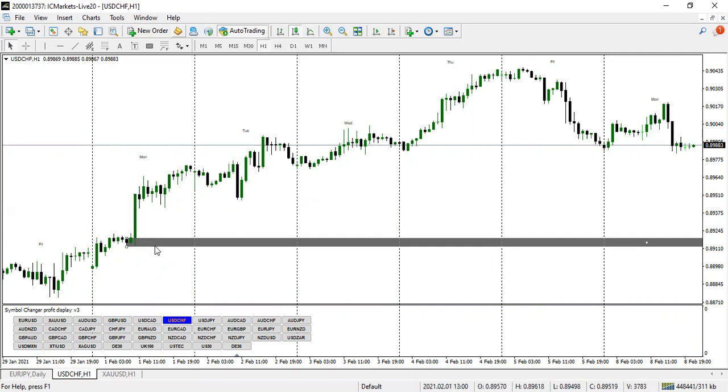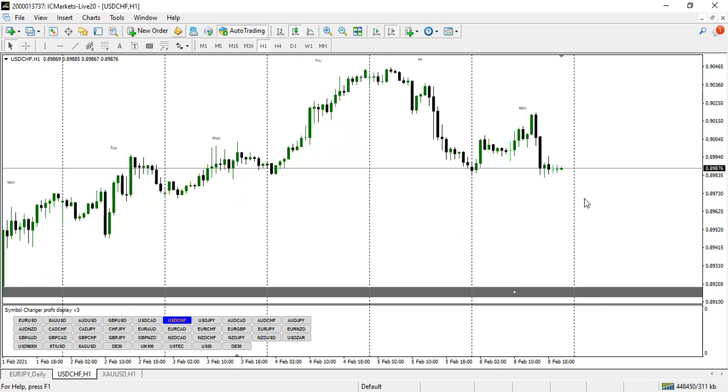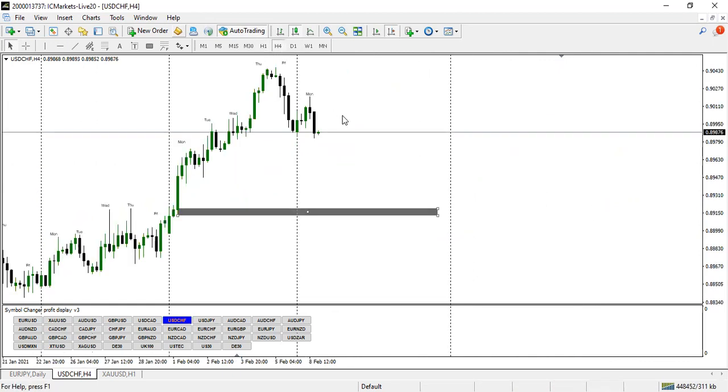And that is where we are looking forward to buy this pair from. This particular zone, but we want to sell it, we want price to come to this zone to sell. And this might be our buying area, whereby we'll be buying this pair, based on what we have on daily, to continue higher from there.